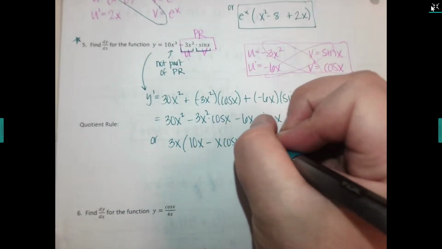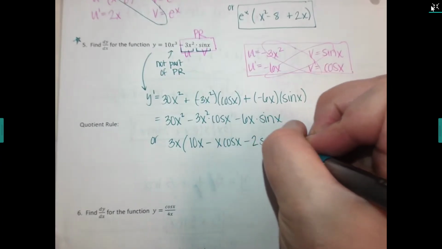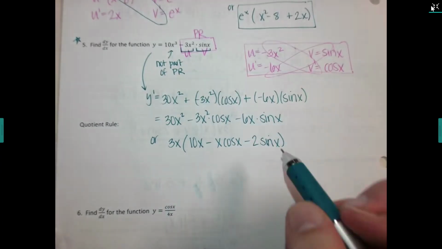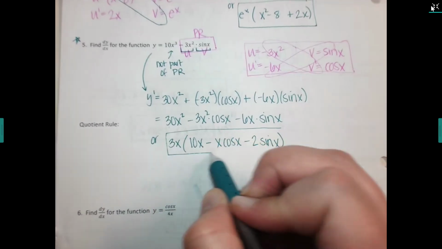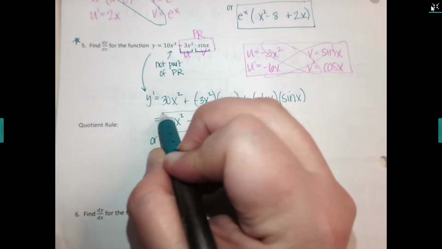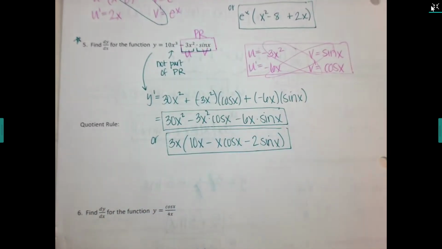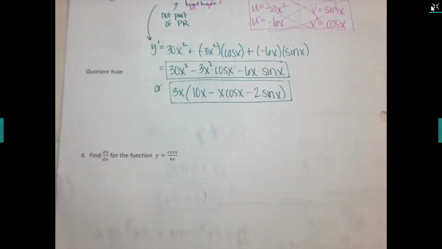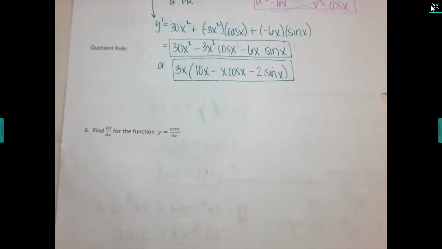And then a minus 2 sine x. But remember, both of those are correct. It's really just on the AP test, making sure that you can find the right answer when you've done it. So product rule is for taking the derivative of stuff that's multiplied.